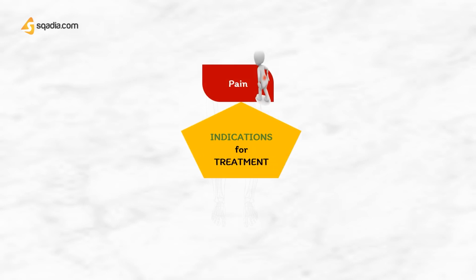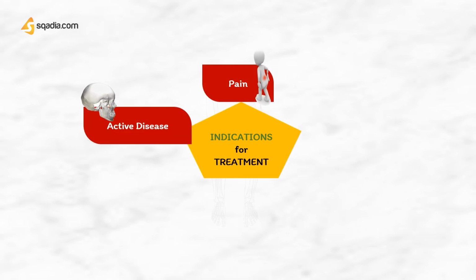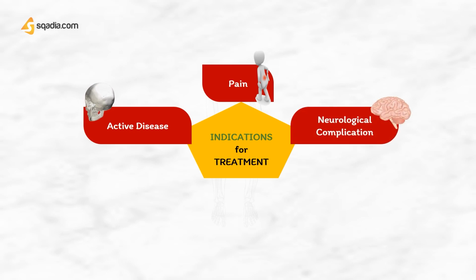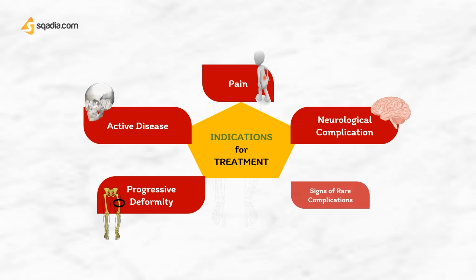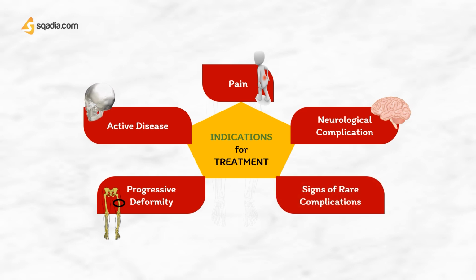Indications for treatment are pain, active disease at the base of skull or in the spine, neurological complications in the cranial and spinal nerves, progressive deformity, and signs of rare complications such as high output cardiac failure, hypercalcemia, and immobilization.